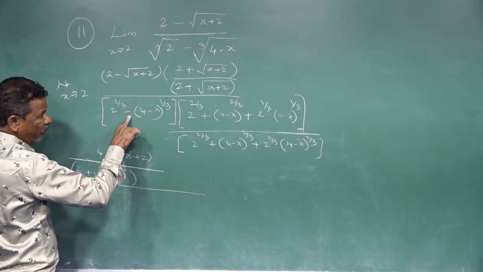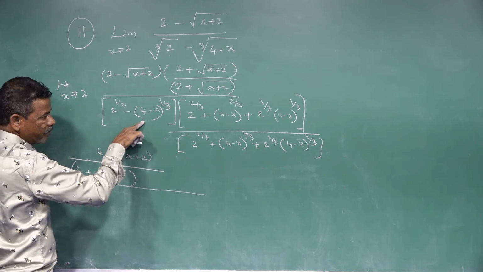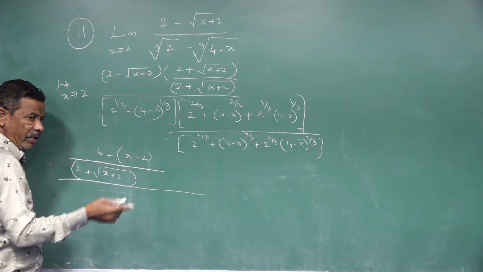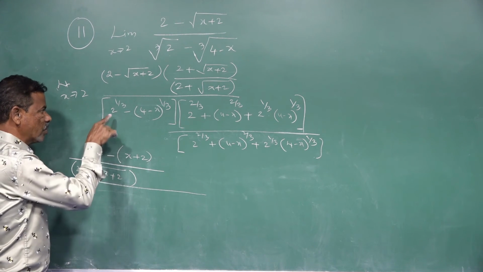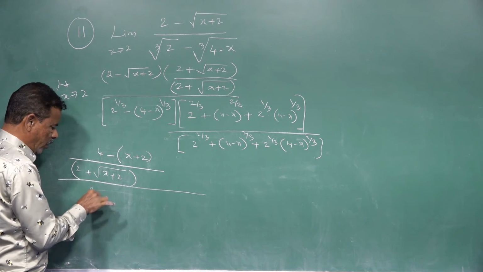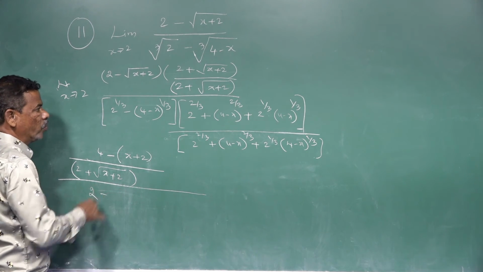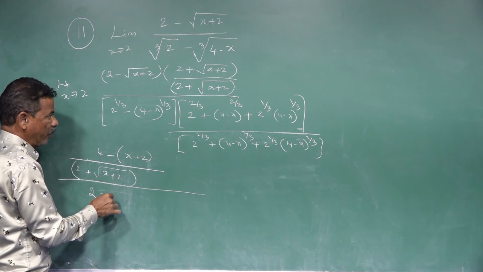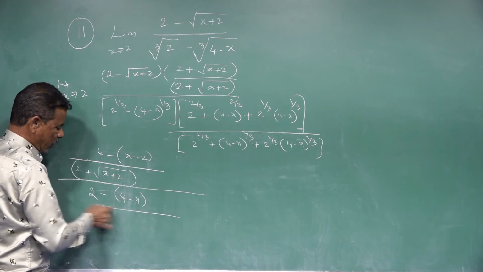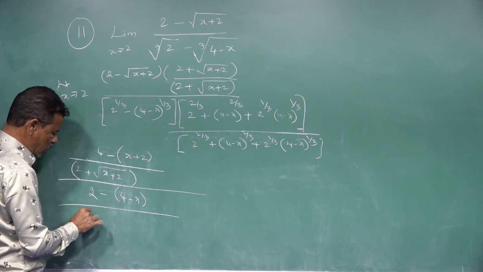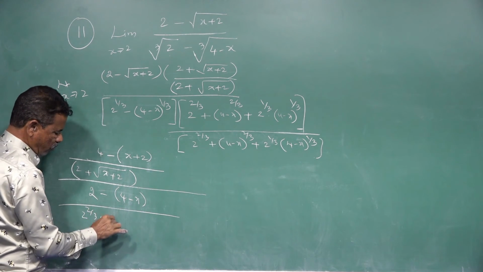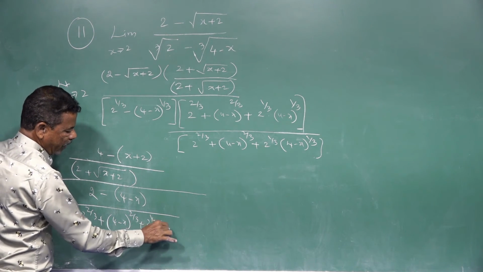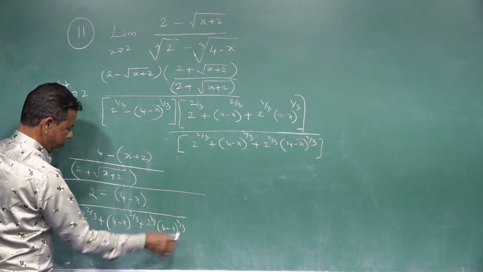And what is this? A minus b into a square plus b square plus ab, so it is coming to a cube minus b cube. A cube is 2 cubed, minus b cube, the powers cancel. A cube minus b cube is coming, so 4 minus x only. Division, this is as it is: 2 power 2 by 3 plus (4 minus x) power 2 by 3 plus 2 power 1 by 3 times (4 minus x) power 1 by 3.